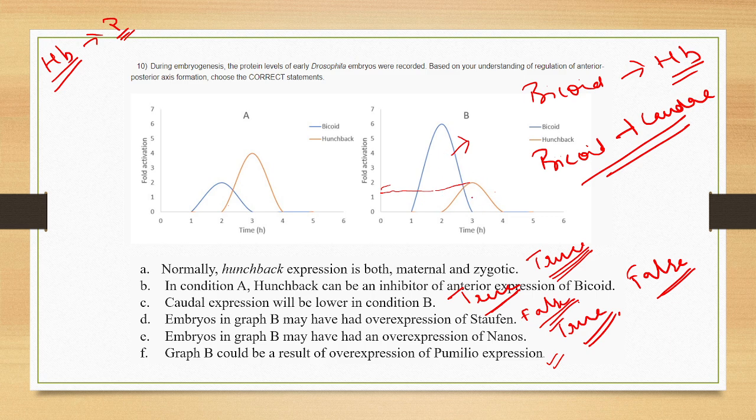But here there is no control, so it becomes a little difficult to say whether this much expression can be considered overexpression or underexpression. But we can compare: it's not a control, these are two test conditions only, but in comparison to graph A, in graph B, hunchback has repressed. So in that accordance, option F also becomes correct.